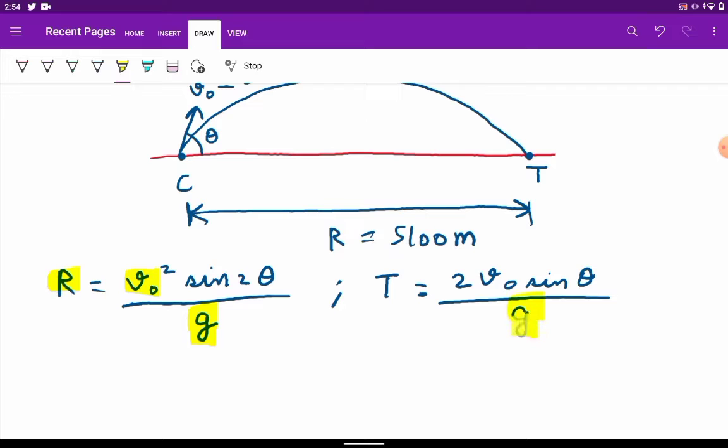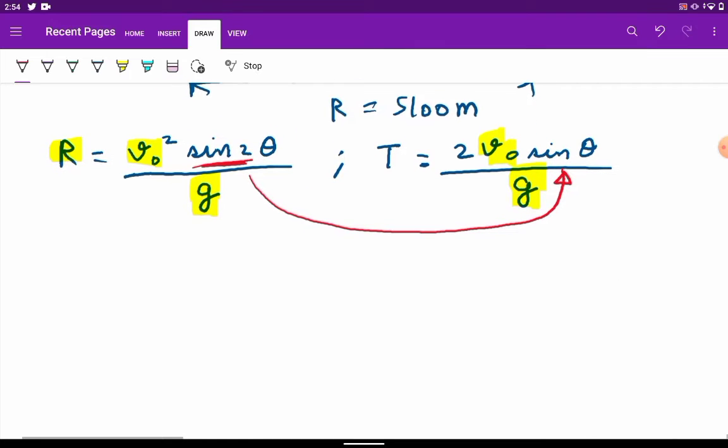From this equation, we can find out sine 2 theta, and from sine 2 theta you can get the value of sine theta, and from there we can get the value of t.